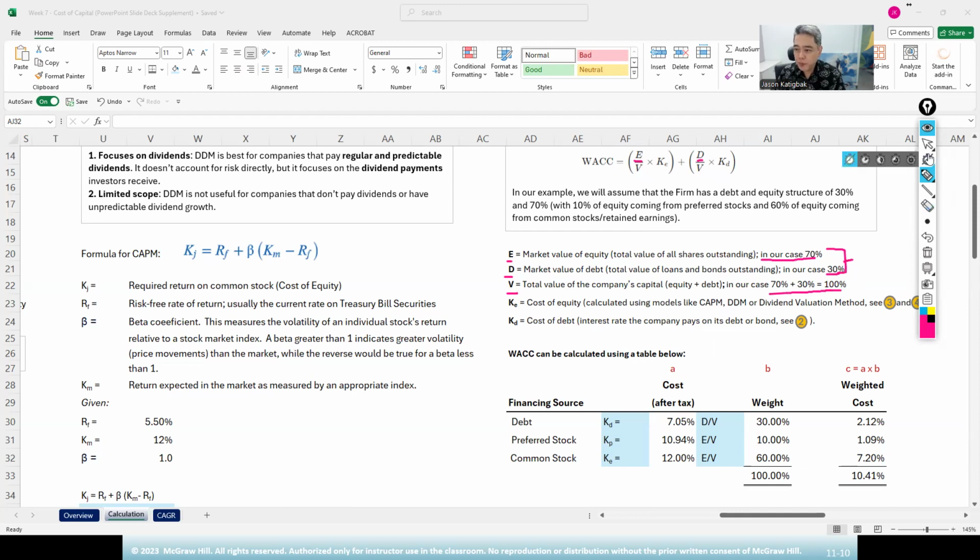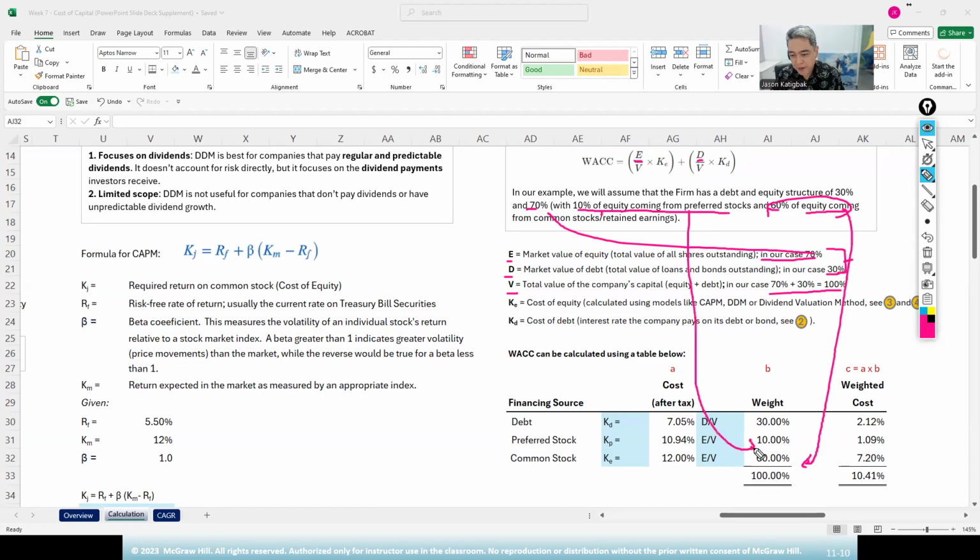Now what we're saying is that out of the 70%, which is equity, 10% of that is coming from preferred stock, and 60% is coming from common stock. So 60% coming from common stock, and the 10% coming from preferred stock is actually here. And then the rest, the 30%, is the weight for debt.